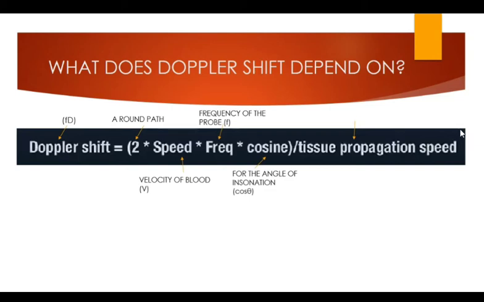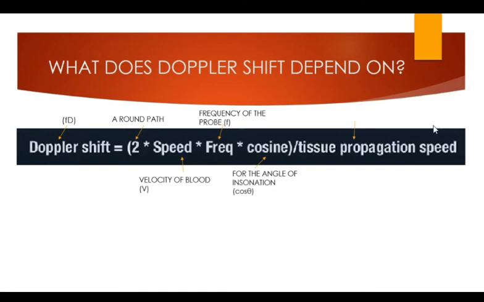And if you don't know that, you'll have to go back and study it. So there's no Doppler shift because at 90 degrees we don't have blood moving towards the probe or away from the probe. If the cosine is 0, then there's no shift. Nothing's happening. It's not moving towards or away from the probe.